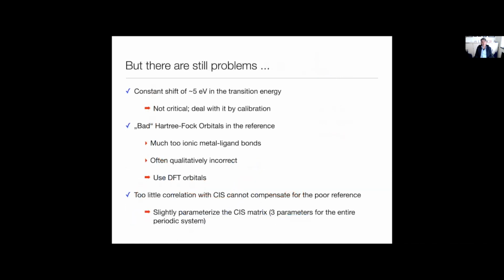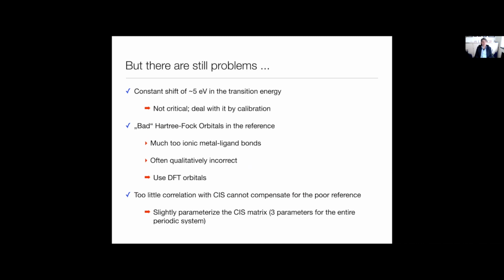That's why we came up with the so-called DFT ROCIS that is introducing very few global, in terms of the periodic system, empirical parameters that we use to scale these matrix elements here, and that basically is aping or, in a very average way, taking care of the dynamic correlation.